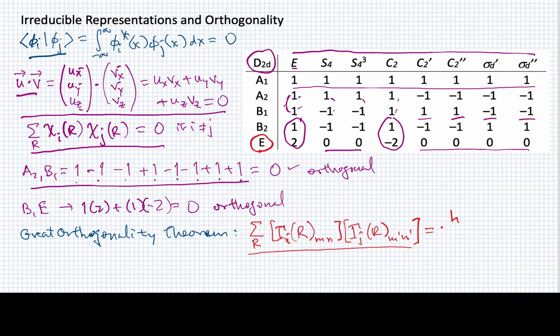I'll get the order of the group divided by the square root of the dimensionality of each of these irreducible representations, and then a series of delta functions. So if they are not the same irreducible representation, I will get 0. If they are not the same row of the matrix that represents a multidimensional irreducible representation, then I will get 0. If they are not the same column of that.